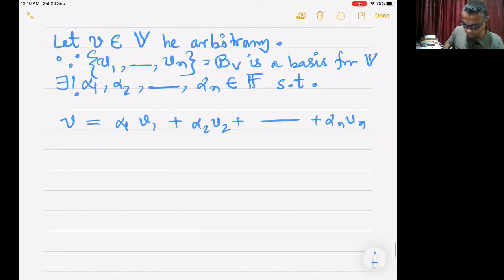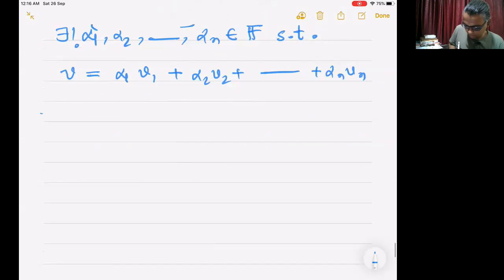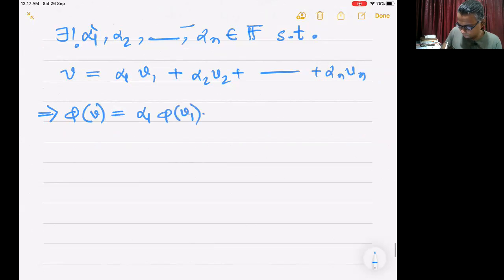Obviously. This would then imply phi acting on v must be, by linearity, alpha 1 phi V1 plus alpha 2 phi V2 plus dot dot dot alpha n phi Vn, and that's it.